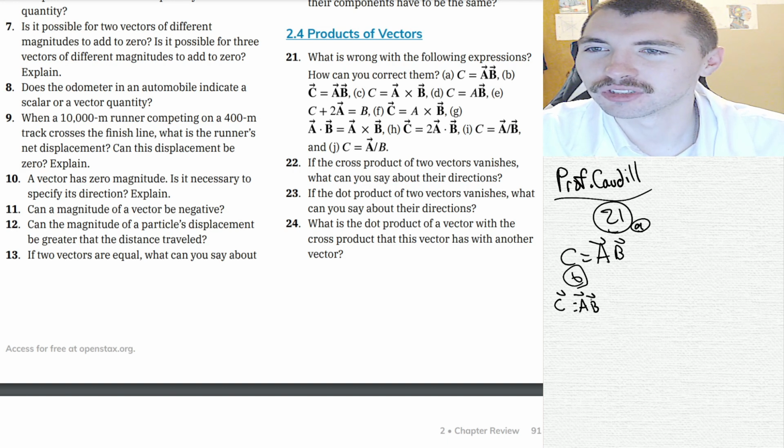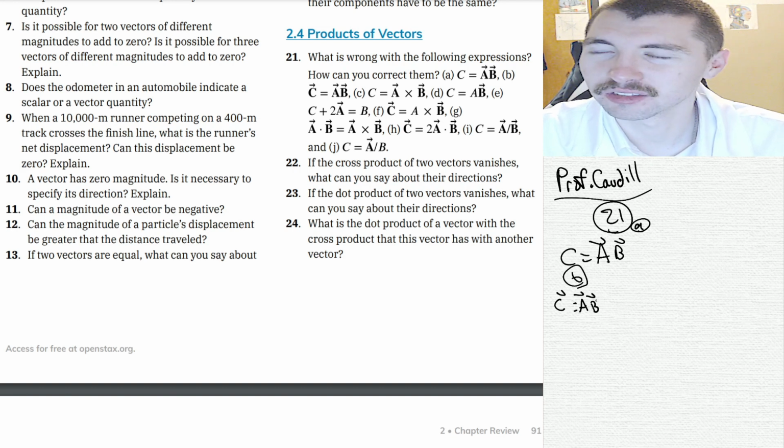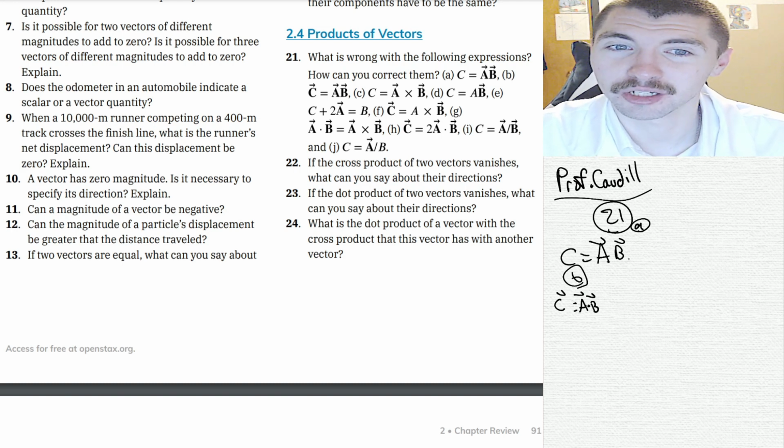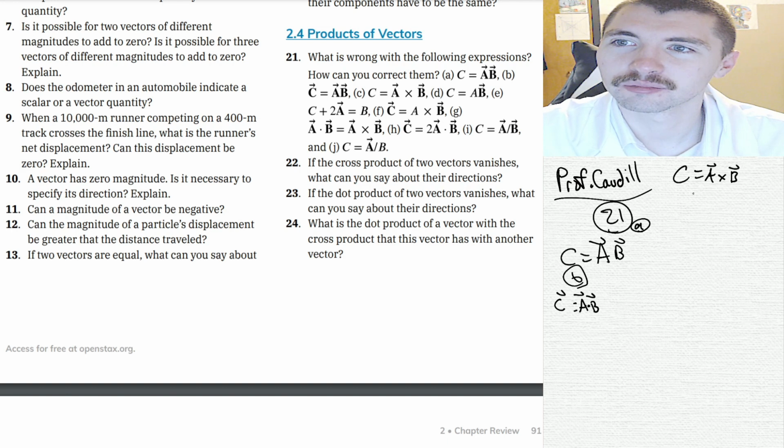I don't know if it's really a big deal if you omit the dot, but maybe that's not good notation. I think I've done this before where I've left out the dot. I don't see anything wrong with this, except if you really want to be picky about it, C equals A cross B.